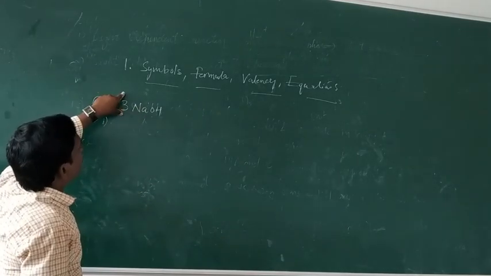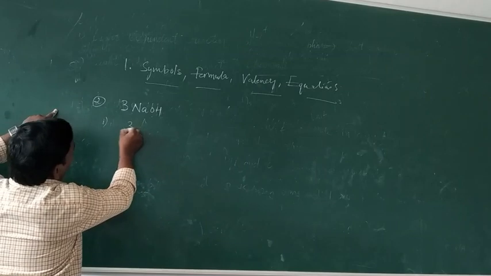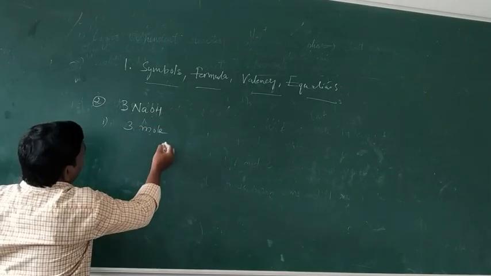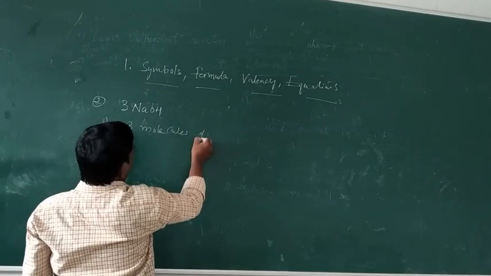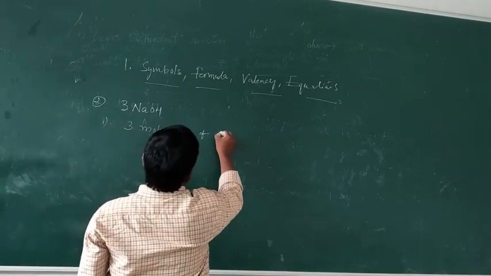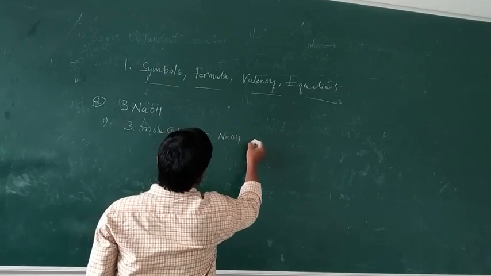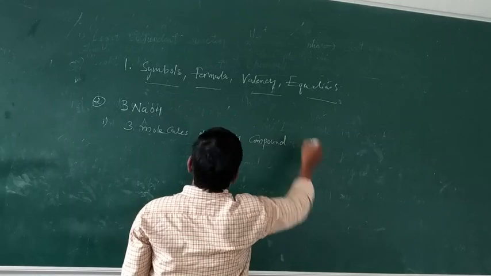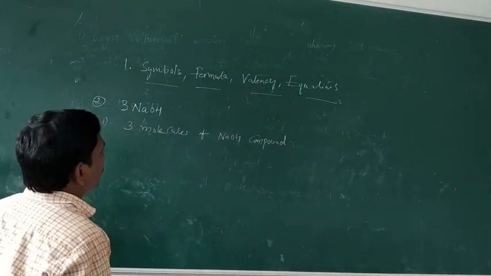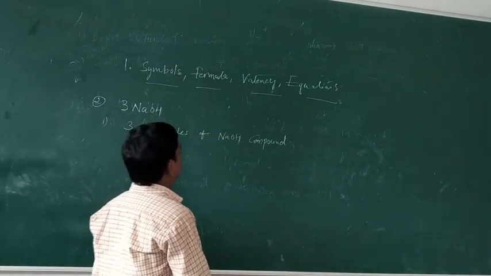How many molecules of NaOH compound are there? 3 molecules of NaOH compound are there.